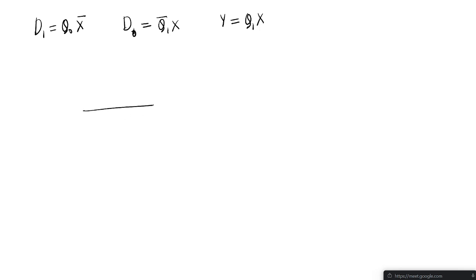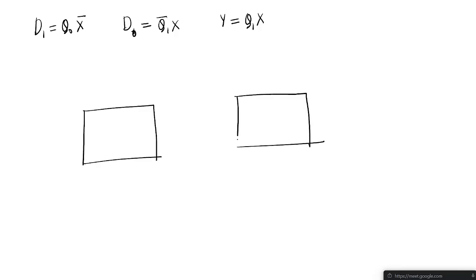So you need to use 2 D flip flops. This is one flip flop, D naught, Q naught, and D1, Q1. You are giving a common clock. Here this is the clock, and here one input is X.